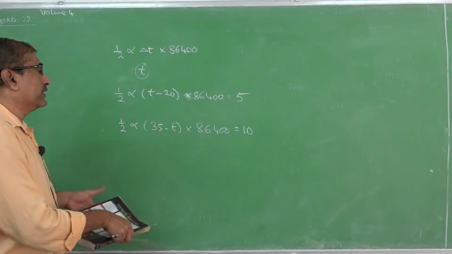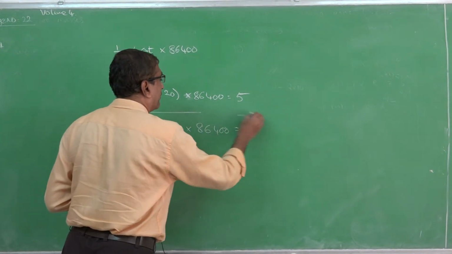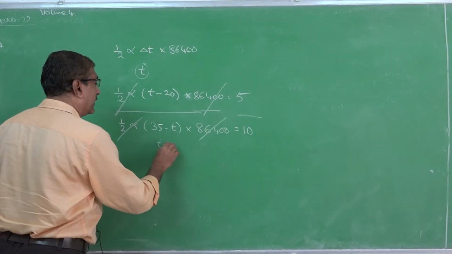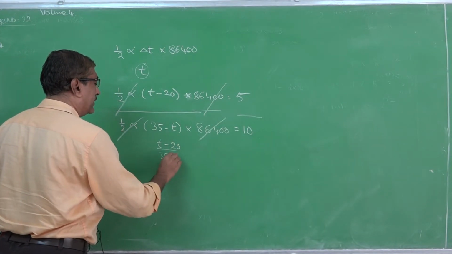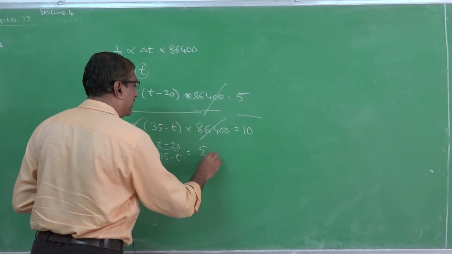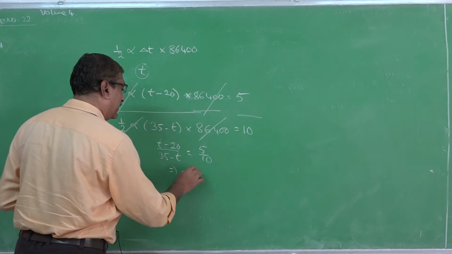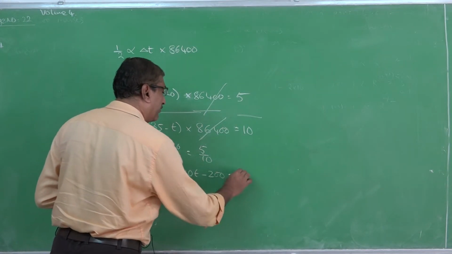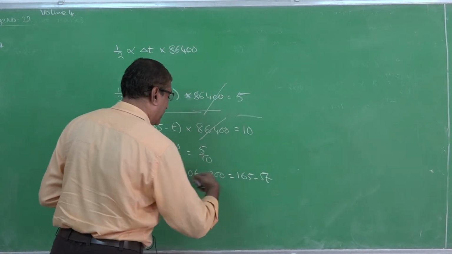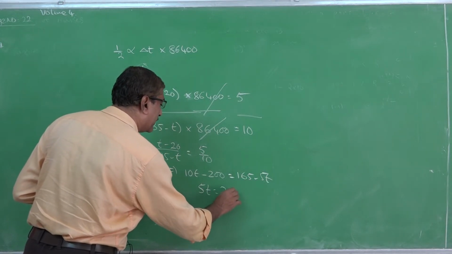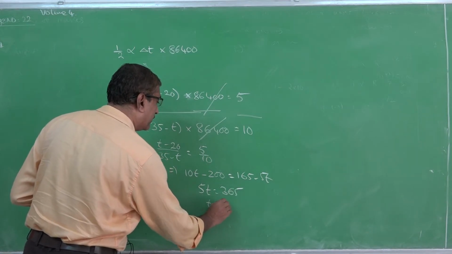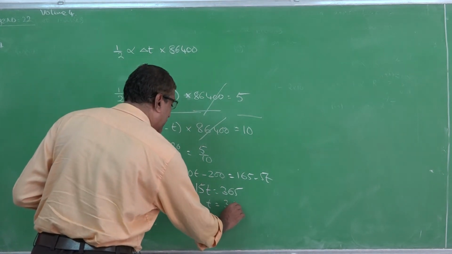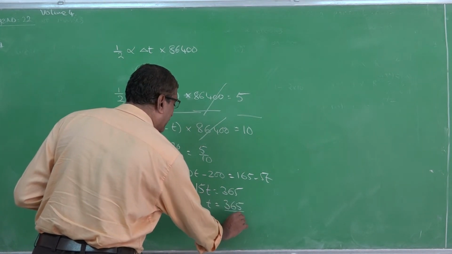Now, from these two equations, divide one equation by the other. So, this 86400 cancels, half alpha gets cancelled. From this, T minus 20 by 35 minus T equals 5 by 10, which implies 10T minus 200 is equal to 175 minus 5T. Now, from this, 15T is equal to 375. So, T equals 375 by 15.